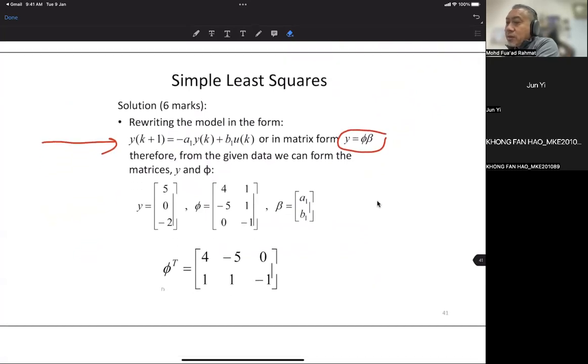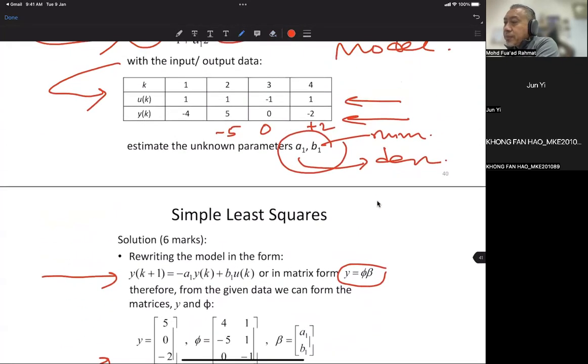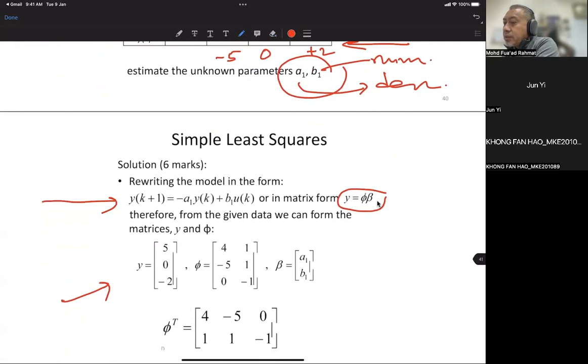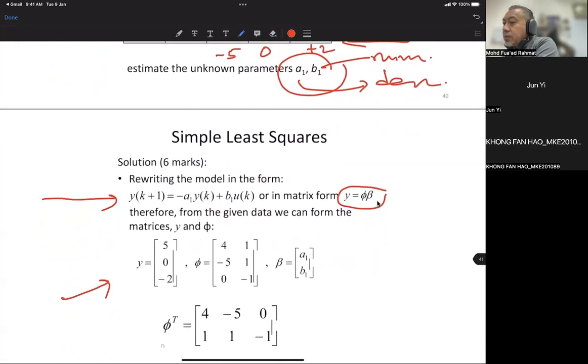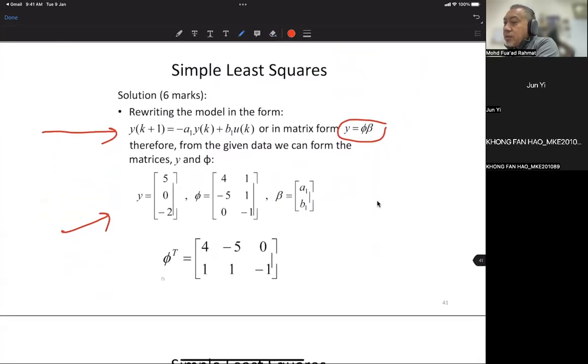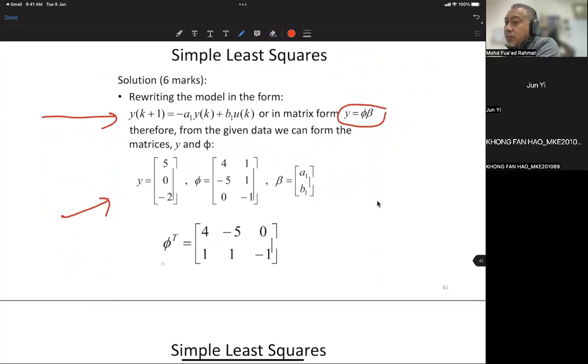Then we perform the matrices, which is here: Y, psi, and beta. So find the transpose of the psi.